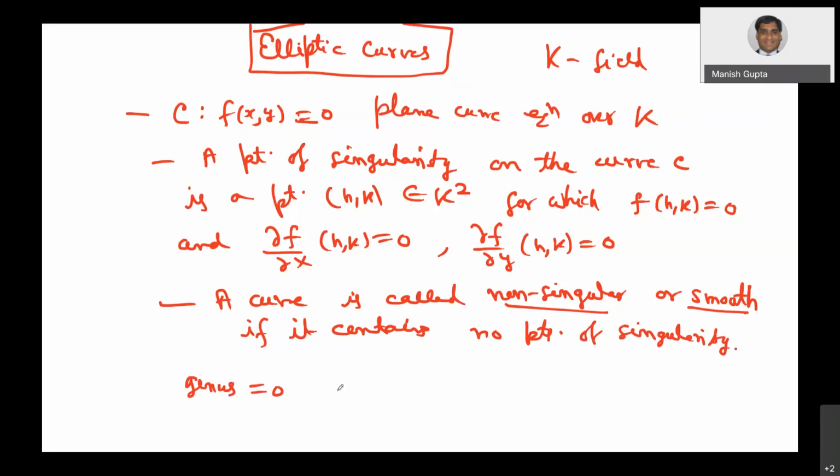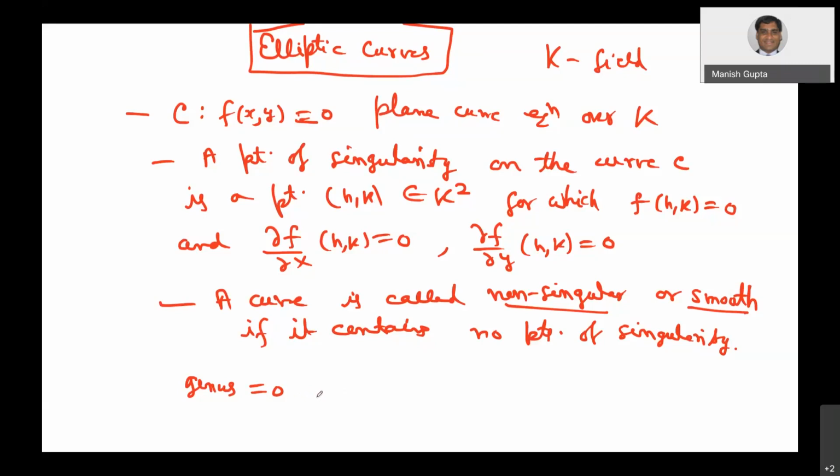For example, you can find a parametric equation for them. For example, a circle is a curve, but x equal to sine theta and y equal to cos theta is a parametric representation. Theta is a parameter, right? So each of these curves with genus 0 are basically plane curves.